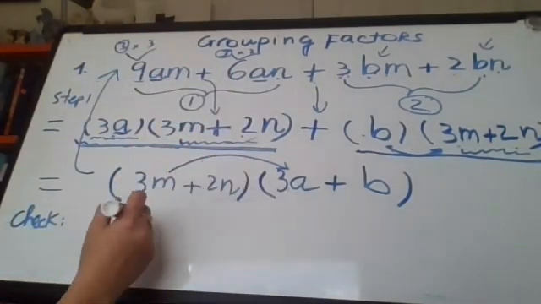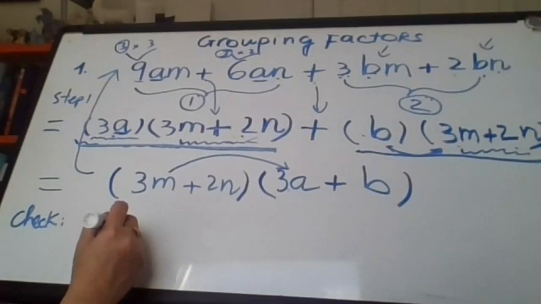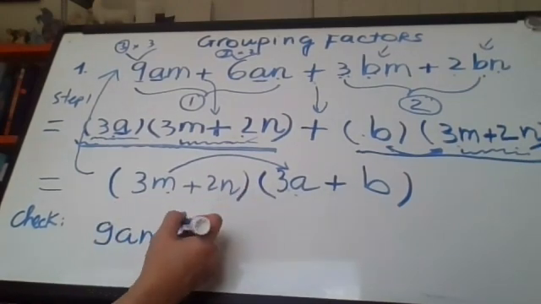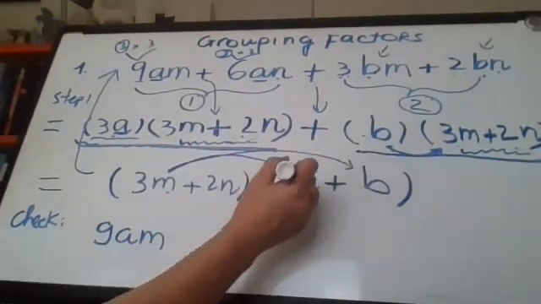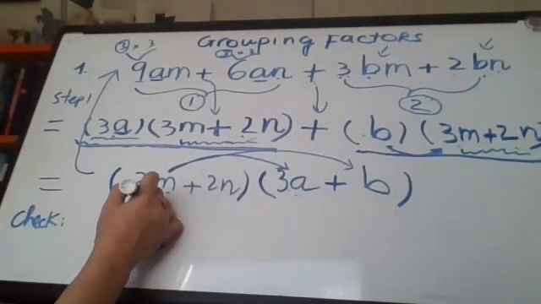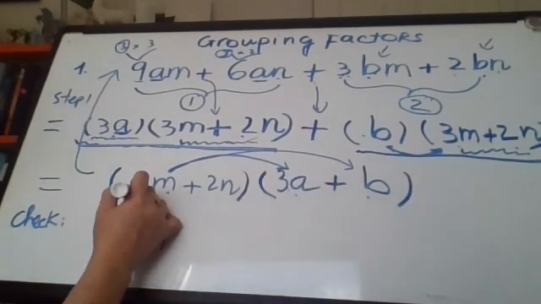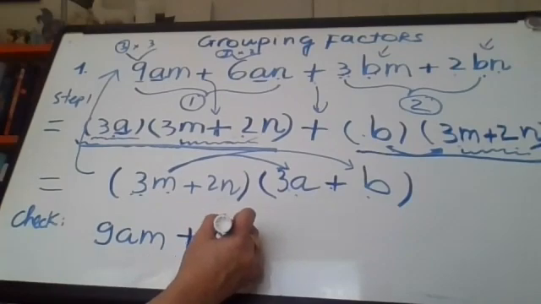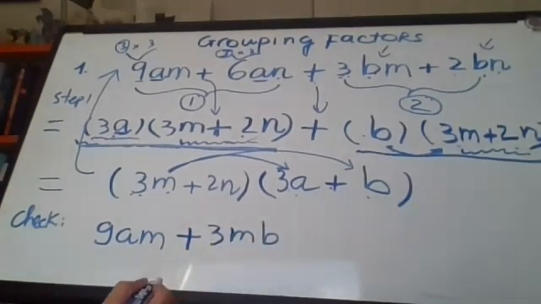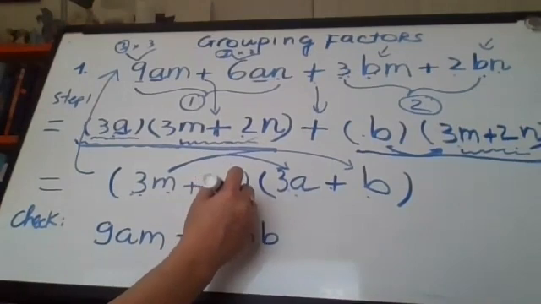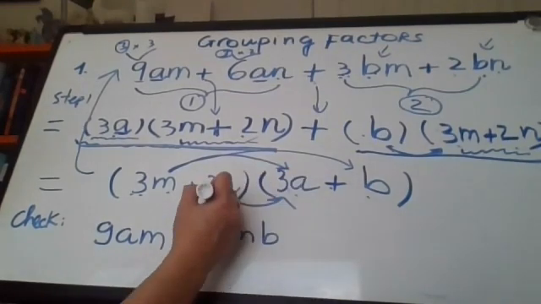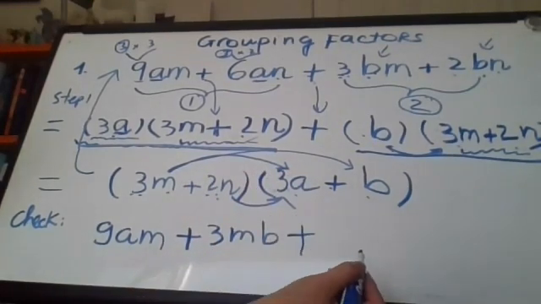So 3M times 3A, which is 9AM, right? Put this letter and this letter together. Distribute the second arrow. I get 3M times B, which is positive times positive is positive. 3MB, put them together. Now I go for the bottom arrow, the second item from the first bracket. 2N times 3A, positive times positive, they are positive, right?